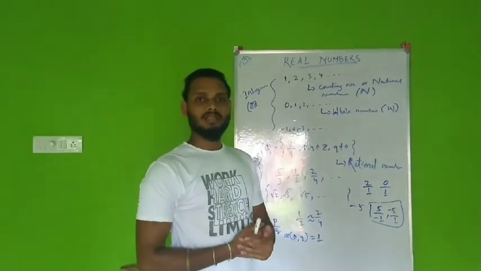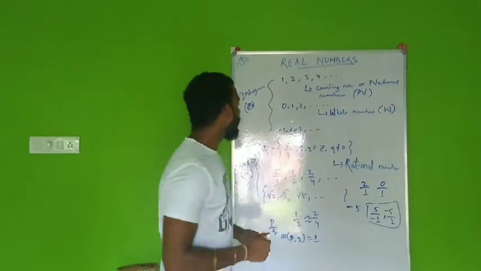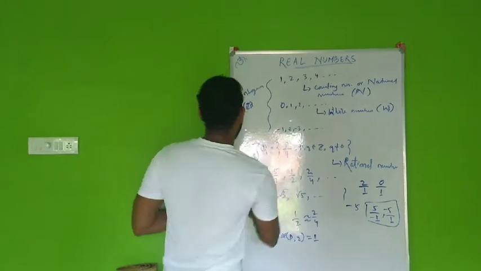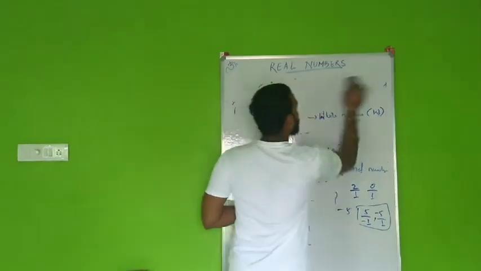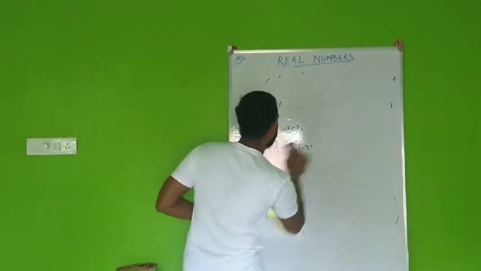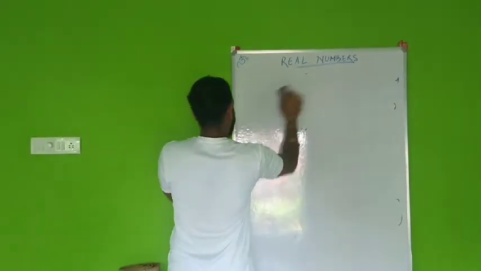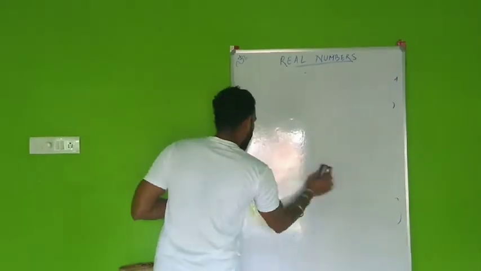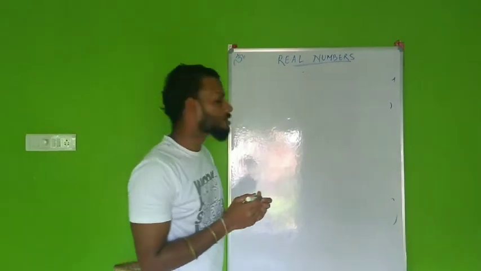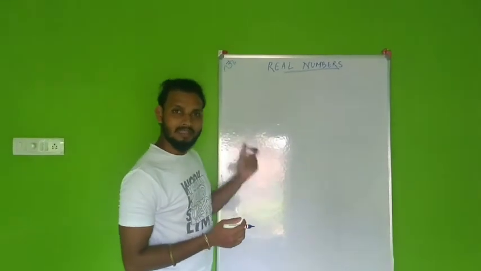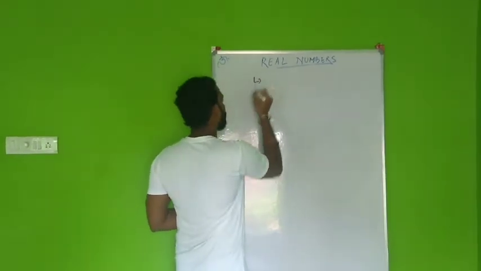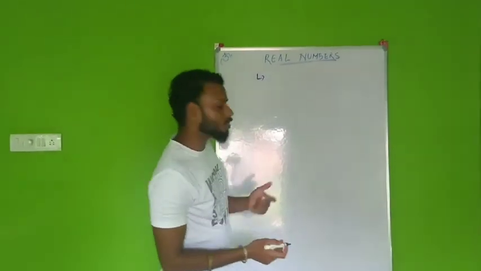Next, in the set of real numbers, we will be discussing something about Euclid's. Let me say what we will be discussing in this real number chapter. Here we have discussed the introduction part.